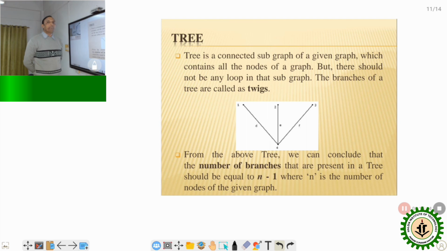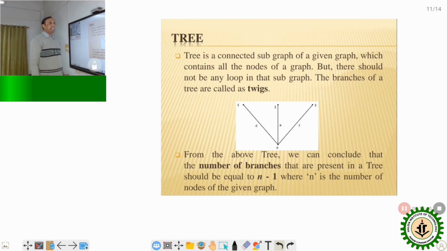That means the number of branches will be 1 less than the number of nodes. So if the number of nodes is n, the number of branches will be n minus 1. So if the number of nodes is 4, the number of branches will be 4 minus 1, that is 3. Here the number of nodes is 1, 2, 3, 4, but the number of branches is 1, 2, 3. So 4 minus 1, that is 3.